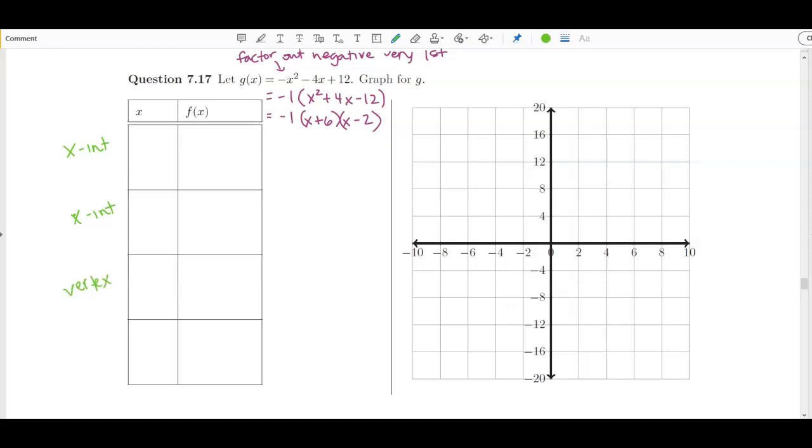So remember that's the halfway between x-intercepts. Okay. And then the last one would be the y-intercept. Okay, so try and pick the x's that you think would be best for this one.